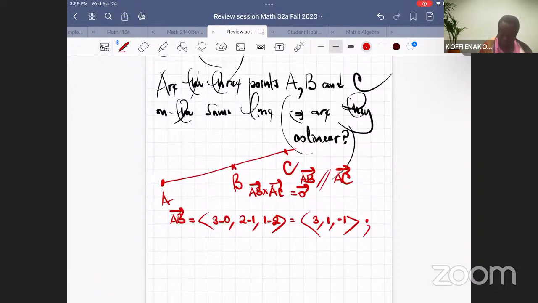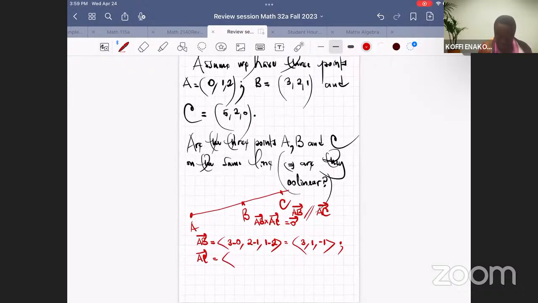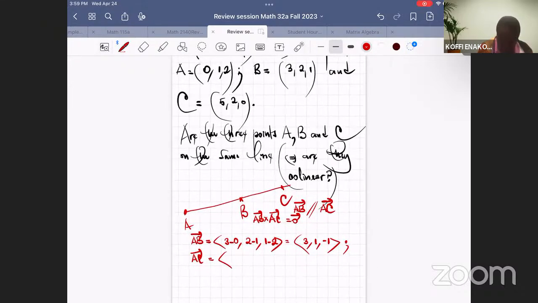The vector AC is C minus A, so 5 minus 0, 2 minus 1, 0 minus 2.